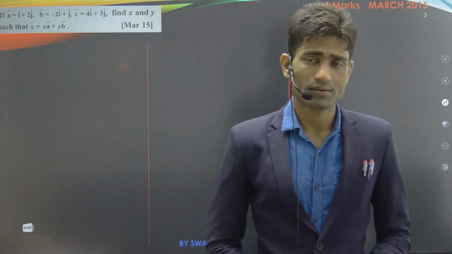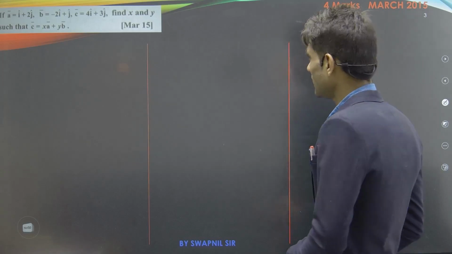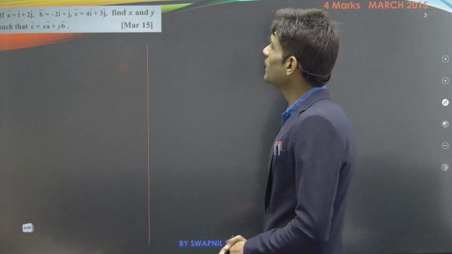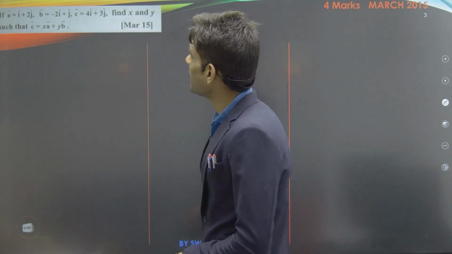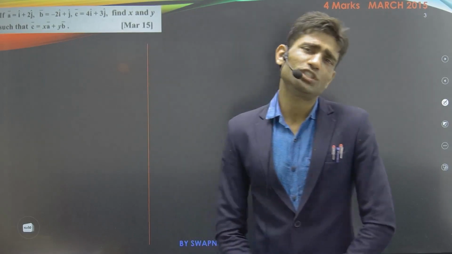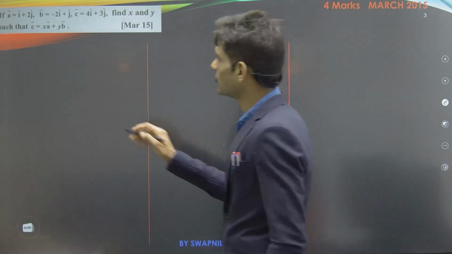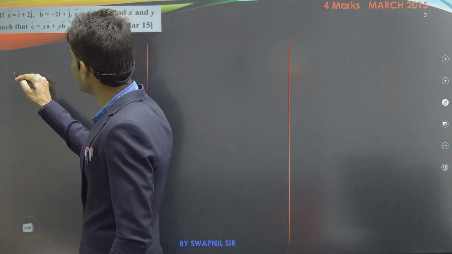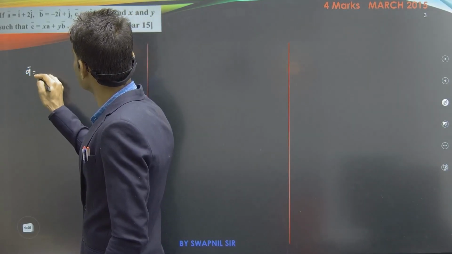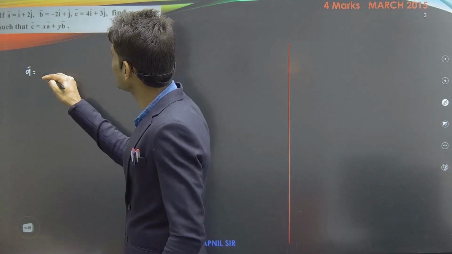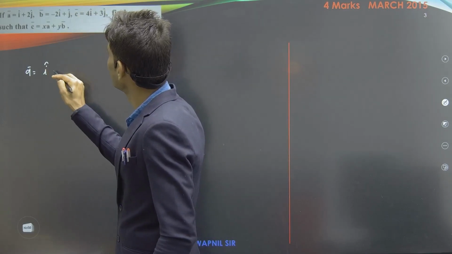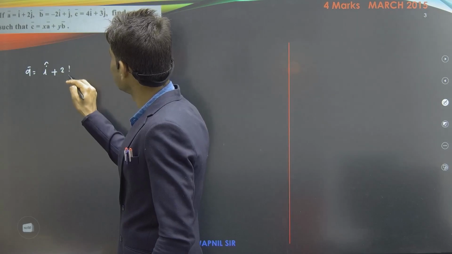Here in my question, we are given A bar, B bar, C bar. These three are position vectors. The first position vector is A bar, which is equal to I cap plus 2j cap.